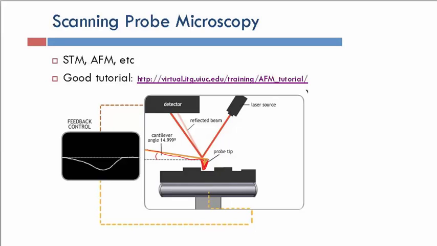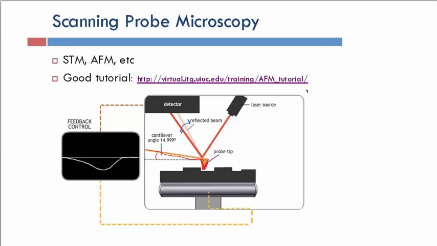As we drag this probe across our surface of interest, it'll bounce up and down. It'll vibrate and oscillate. And if we shine a laser towards the tip of that cantilever and look at the reflection of that laser beam, the angle of reflection is going to change based on the angle of the beam.